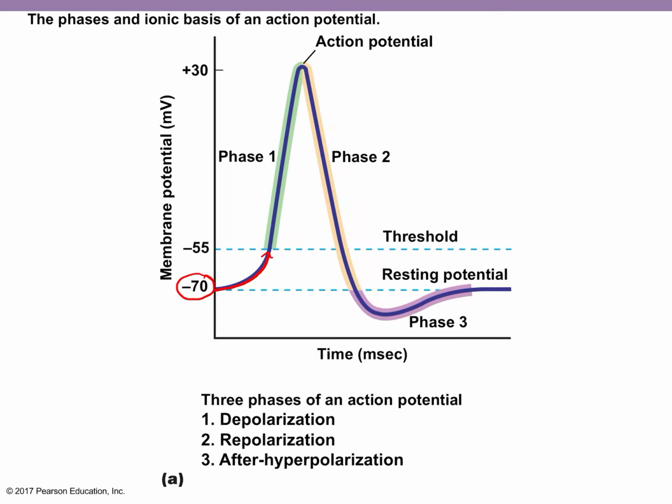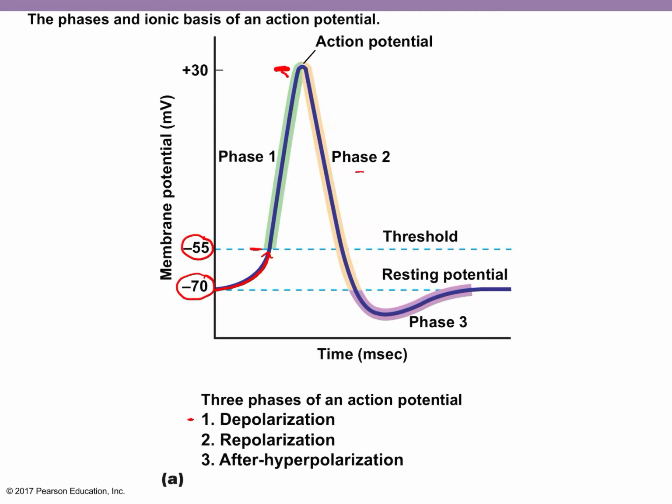If those graded potentials sum and reach threshold at negative 55 millivolts, then an action potential is automatic. The depolarization stage starts once we reach threshold. Threshold causes this rapid depolarization, and we reach a positive membrane potential. Then we're going to return to normal, so we're going to go back down.